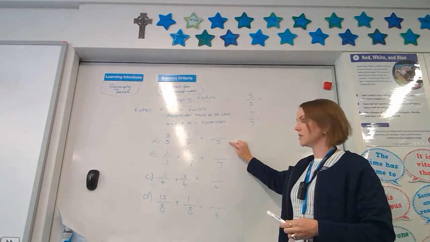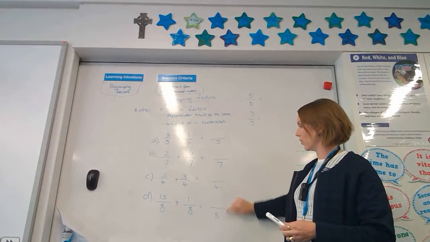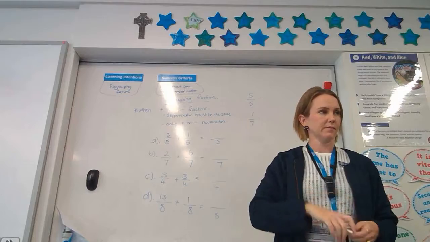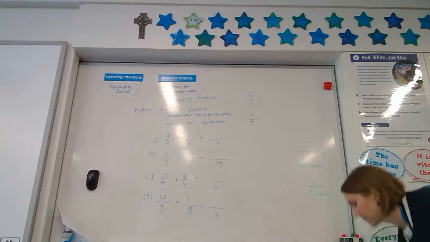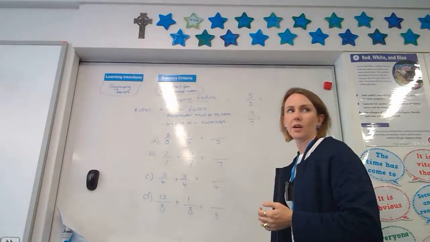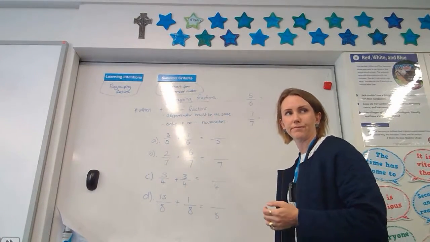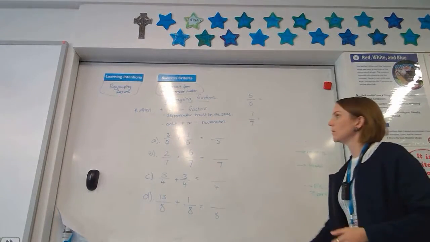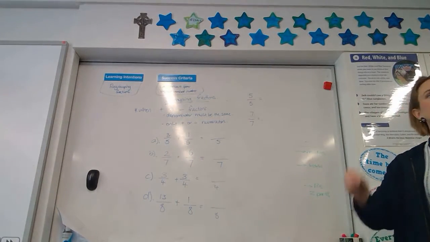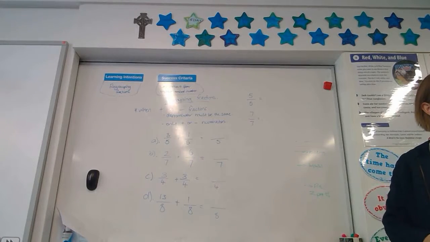The denominators of 5, 7, 4, and 8. You write the sums out, I don't want you to do them just yet. Okay, so remembering those things, let's do all of these sums now.